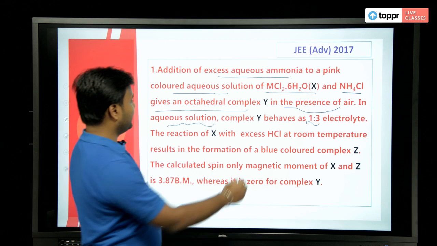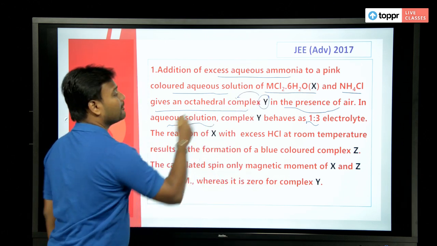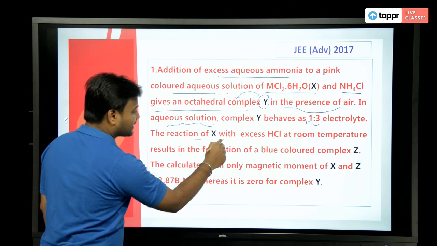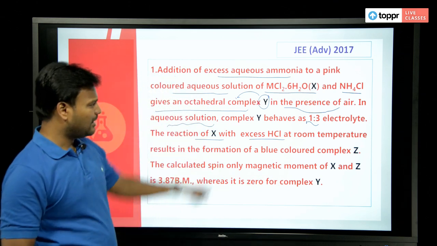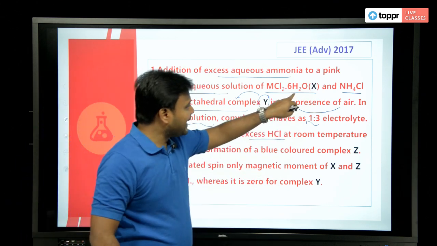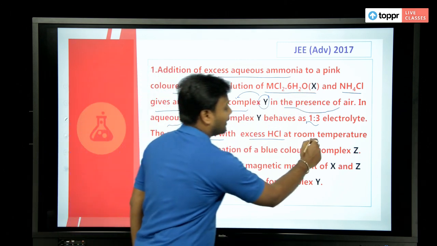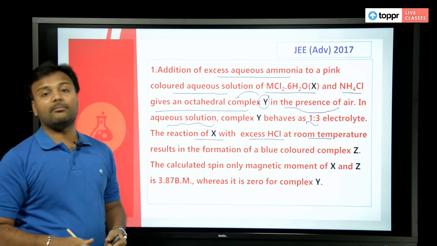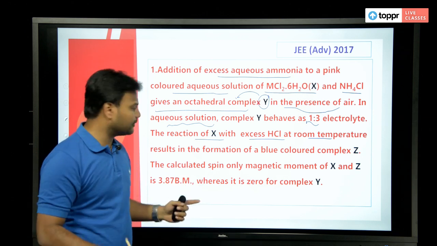What is Y here? Y is an octahedral complex. The reaction of X with excess hydrochloric acid at room temperature results in the formation of a blue colored compound, Z. We need to frame the reactions, I will show it to you.